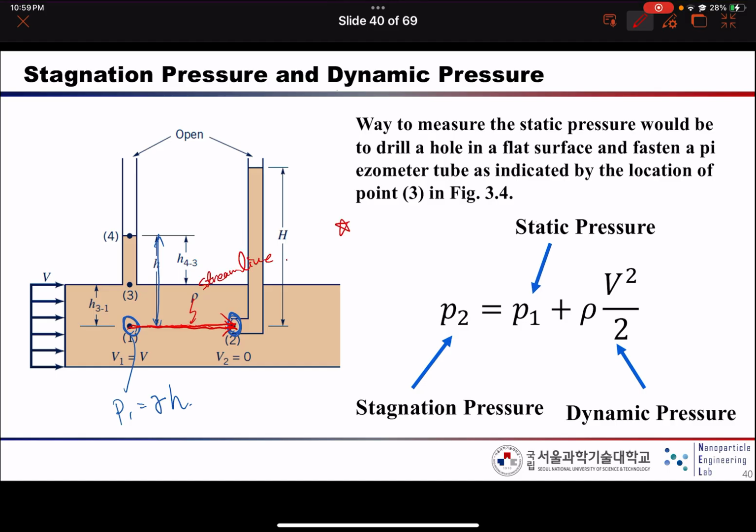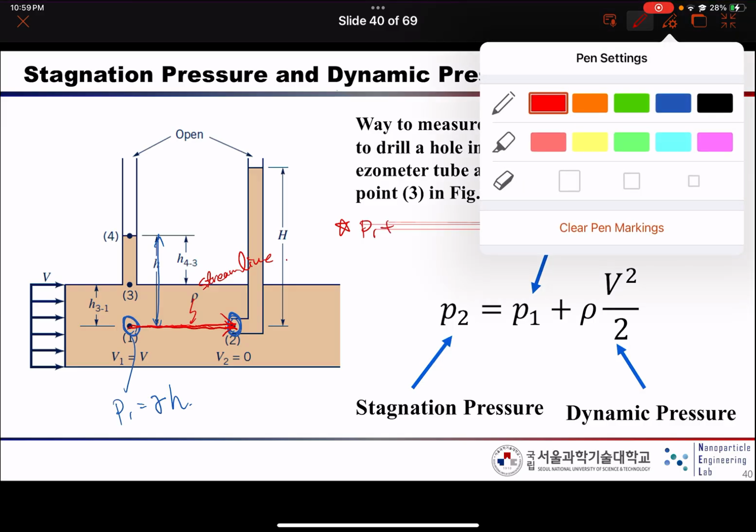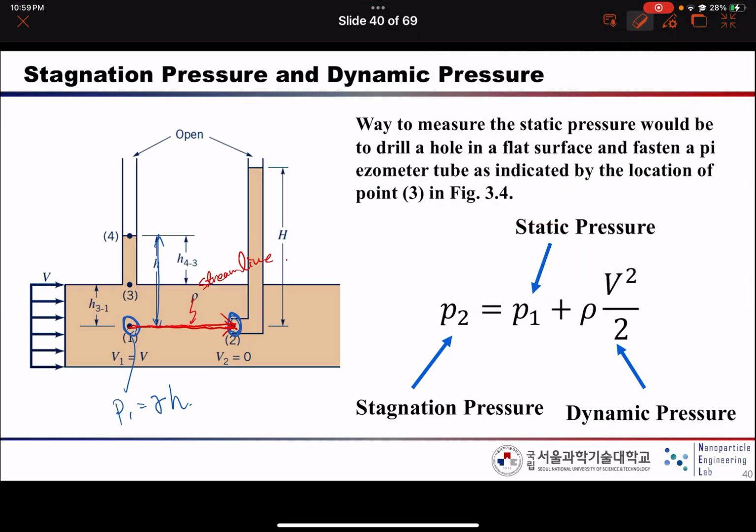According to the Bernoulli equation, it should be P1 plus rho v1 squared divided by 2, equal to P2 plus rho v2 squared divided by 2. Because the height is the same, I just removed the gamma H part, right?